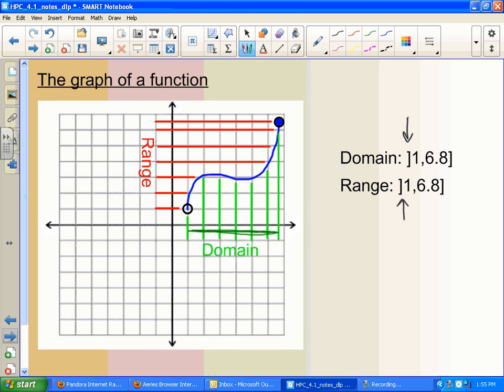And if I did the same thing on the graph, but this time did horizontal lines and went back and hit the y-axis, those values would determine your range. So graphically, this is what we're doing. We're trying to find the interval between what and what that defines my y values and my x values.